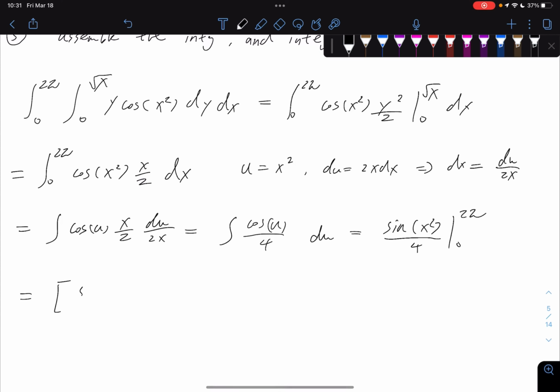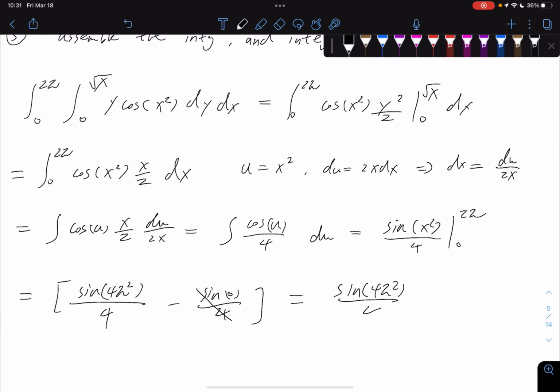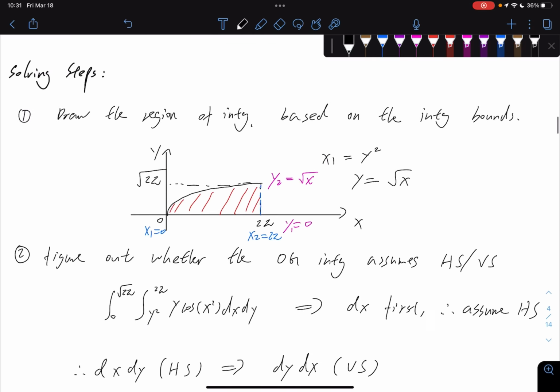So sine x squared, that's sine of 4 pi squared over 4. This should not be simplified further. This is not the same thing as sine of 4 pi, which equals 0. And then minus sine 0 over 4, and this is 0, so this can be canceled out. So the final answer is just sine of 4 pi squared over 4, and that's the correct answer.